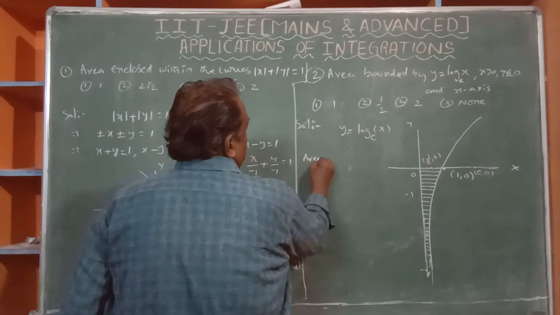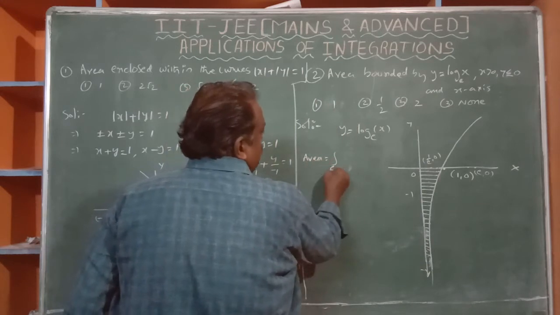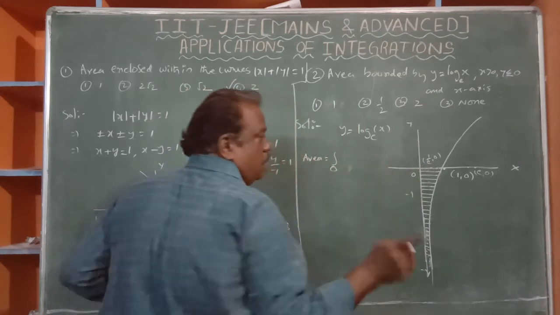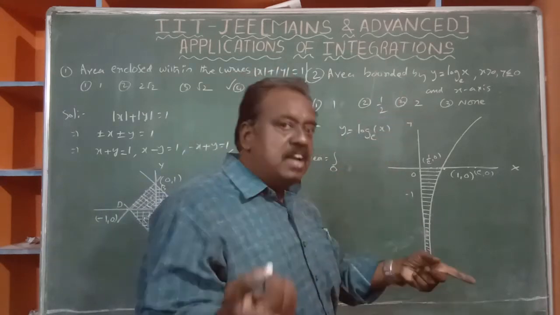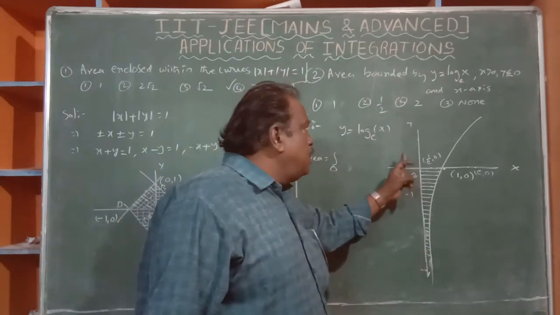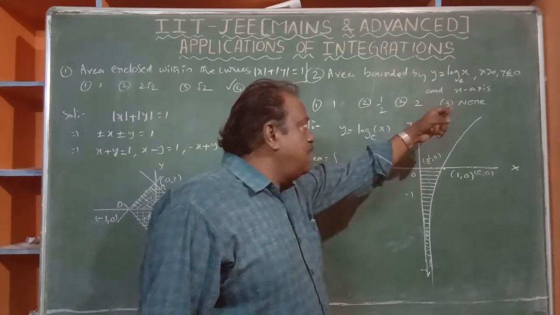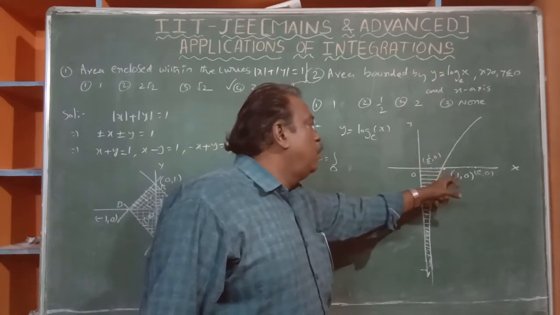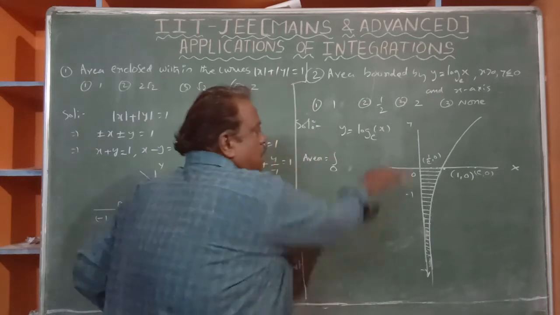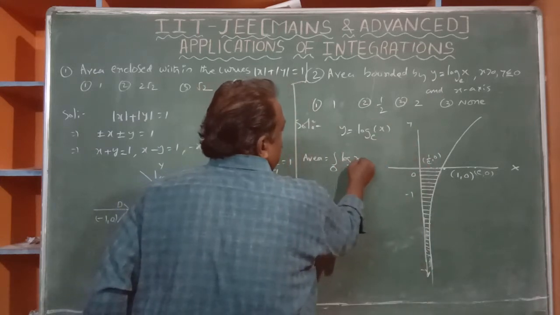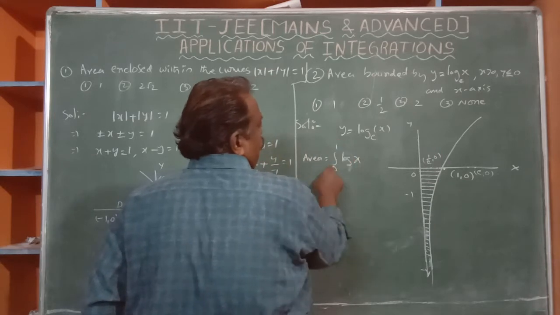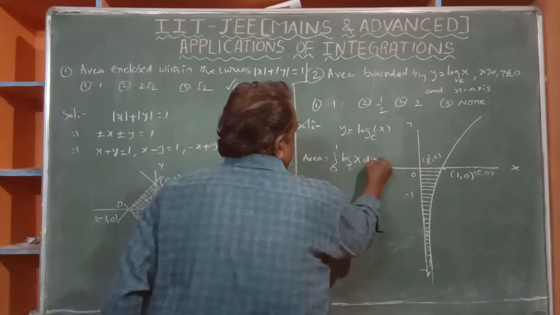So area is equal to integral 0 to, the limits are not clearly given, but by the graph we can understand. It is from 0, y is less than or equal to 0 to 1. It is under the graph. It is log x, 0 to 1, dx.